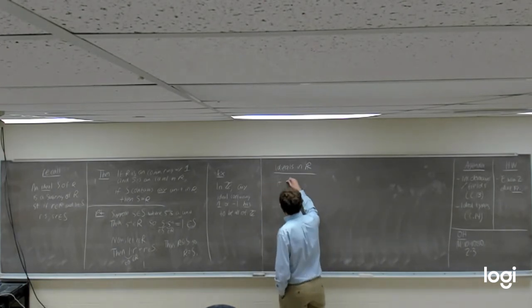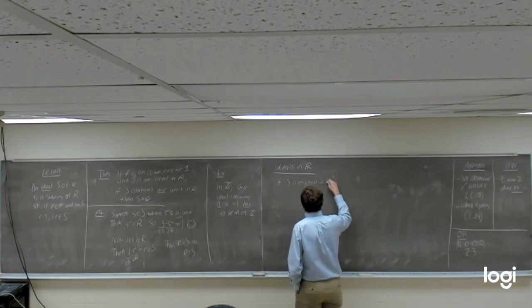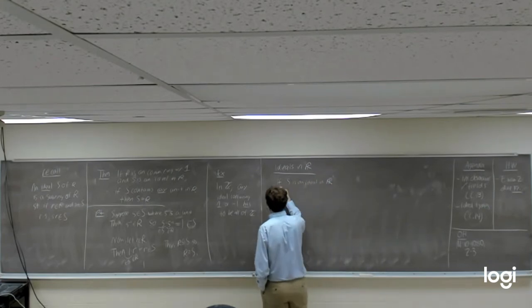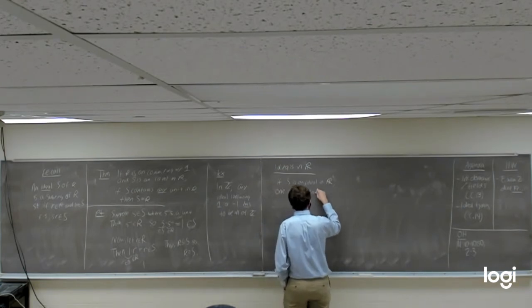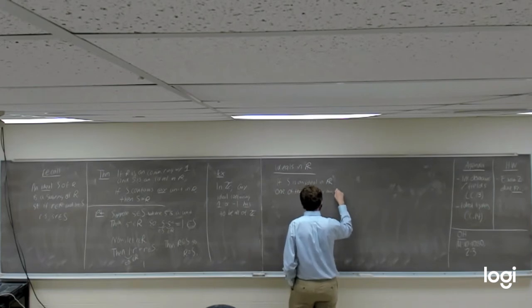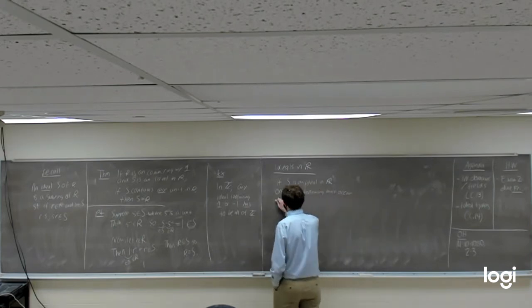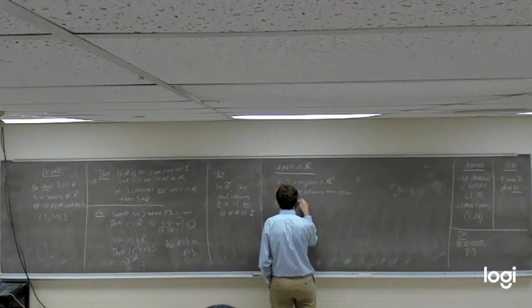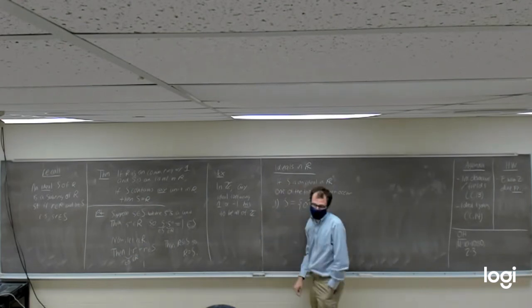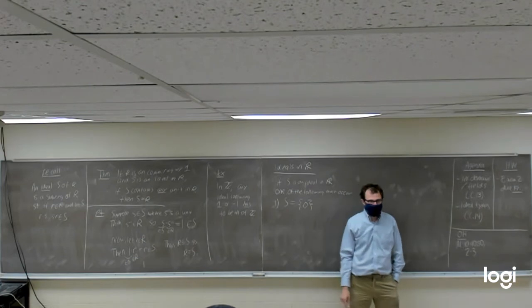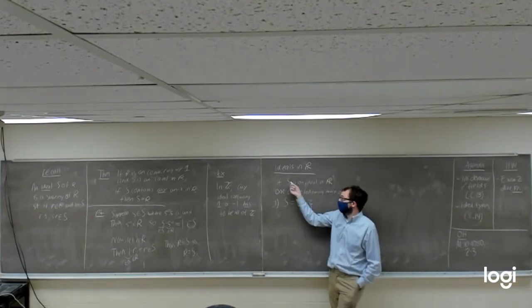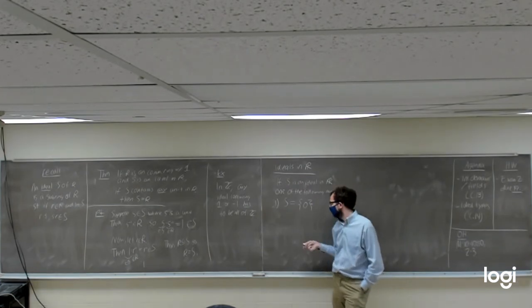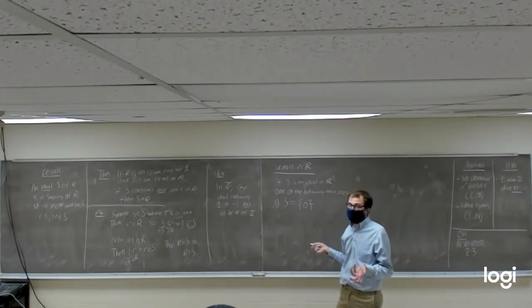Well, if S is an ideal in R, one of the following must occur. The first option is that our ideal S is literally just the trivial ring, the subring containing 0 and nothing else. That's one possibility for an ideal in the ring of all real numbers. S has nothing in it but the additive identity.